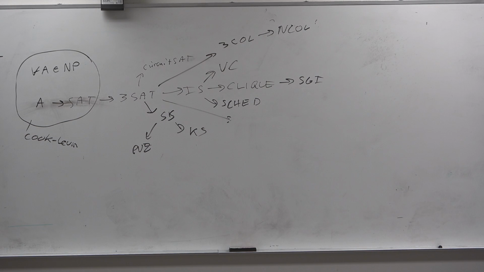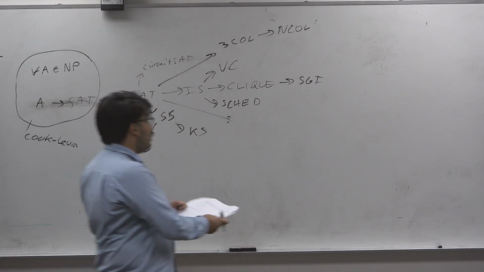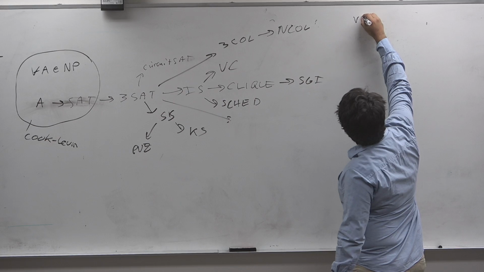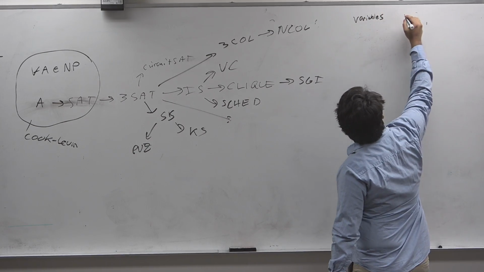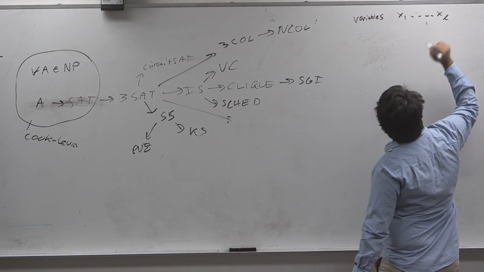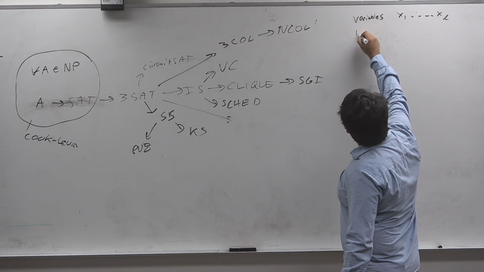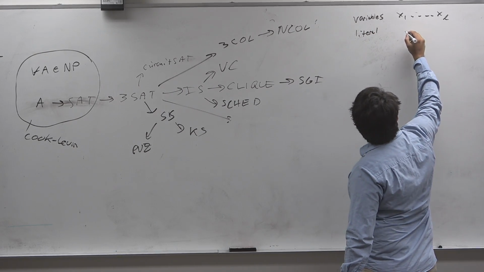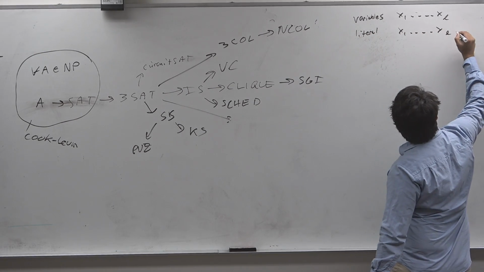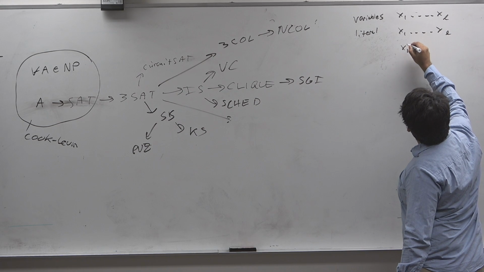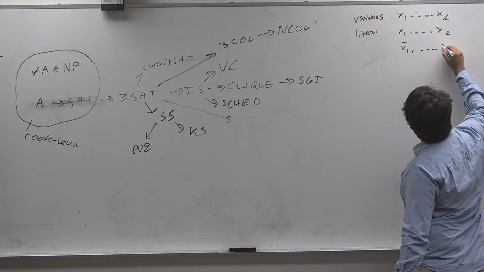Let me give you the formal definition of what SAT is, just so we recall ourselves. A SAT instance is a logical formula. There are a few parts. First, we have variables, of the form x1 to xl. In assignments to our logical formula, these are assigned 0 or 1, true or false. Then we have literals: a literal is x1 to xl, or not x1 to not xl.